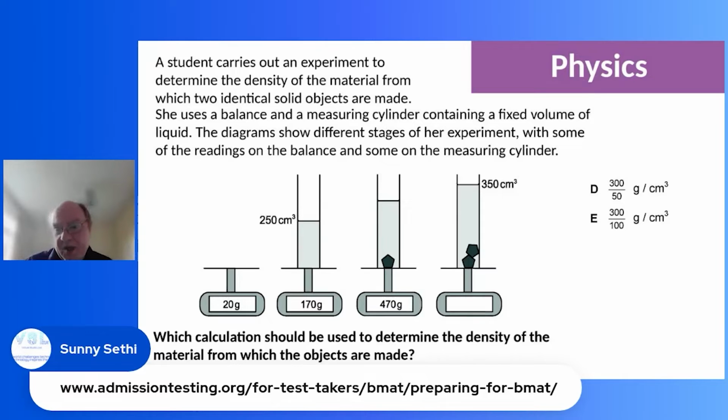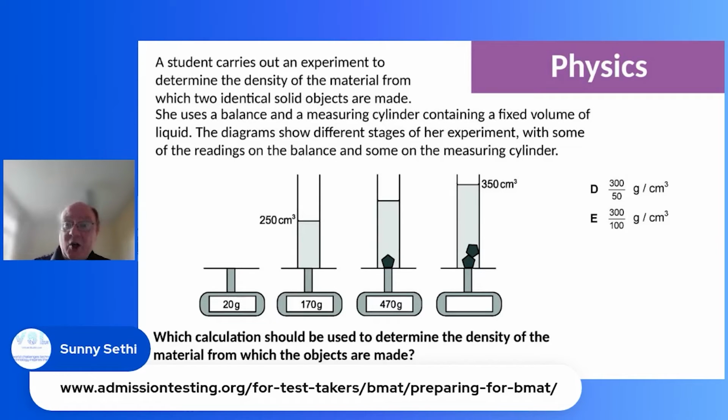So again, we've got a 50-50 chance of getting to the correct answer now, but we can apply more of our own knowledge and use the information that's given in the question. If we're thinking about the volume of these solid objects, we can see that with two of the objects in there, the measuring cylinder is now showing 350 cubic centimeters as opposed to 250. 350 minus 250 would give us 100.